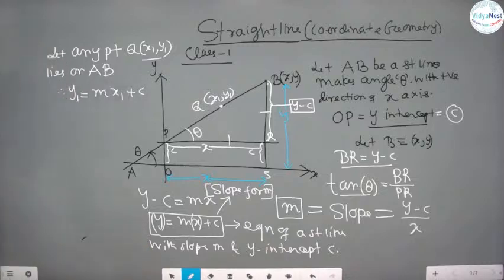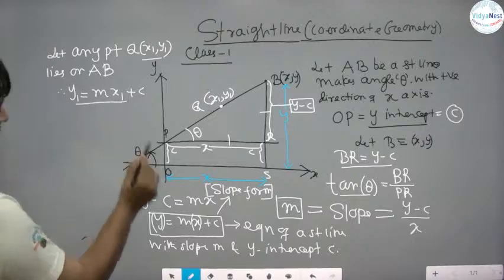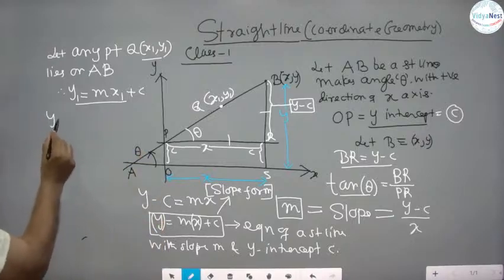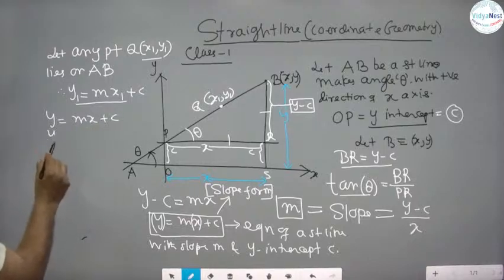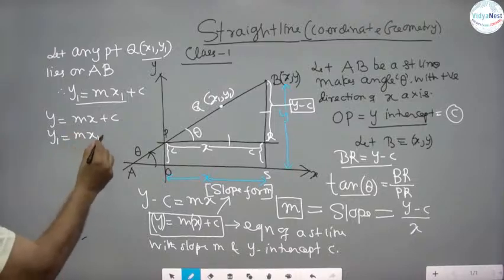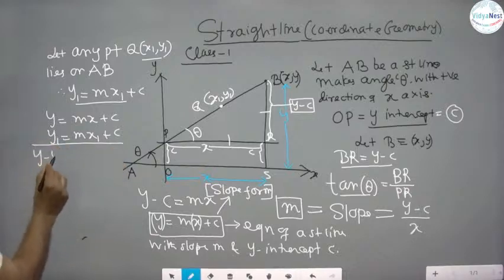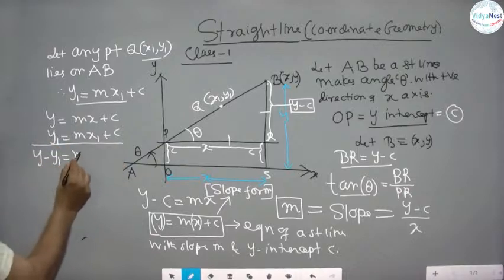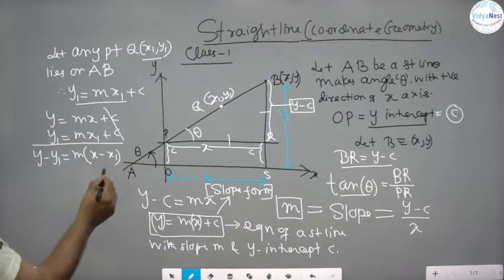Now, you subtract this from this. y is equal to mx plus c, y1 is equal to mx1 plus c. So y minus y1 is equal to m times x minus x1.